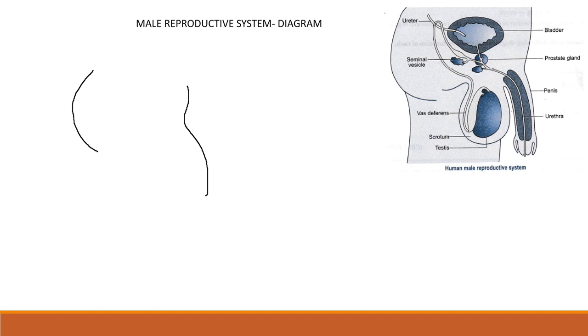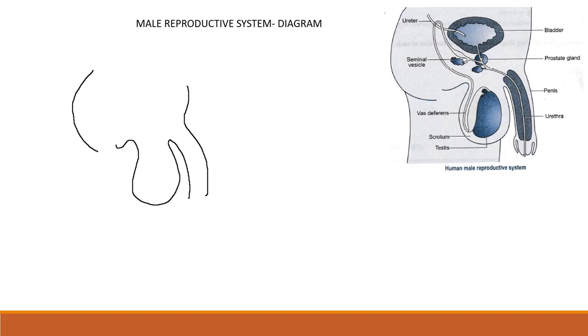So we'll stop here, and then you have to draw a line parallel to the first line, and then you have to take a little turn over here, and you have to draw the scrotum. As you can see, we are drawing the scrotum, right? And take a turn and leave it. Okay, so our scrotum is done.